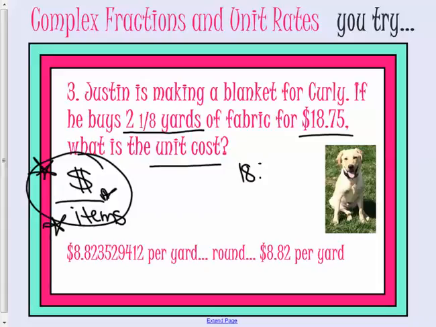So we take 18.75 divided by 2 1/8. Okay, when we do that, we get $8.8235. Oh my goodness. So this right here up until this point is money, but we have to look at this 3 in order to adhere to rounding.